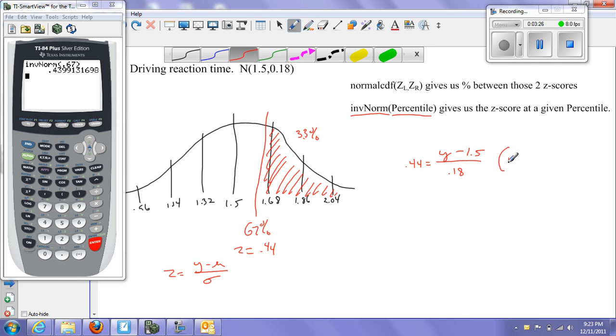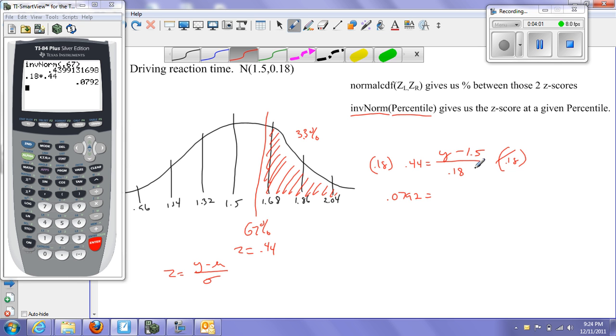Multiply this side by 0.18 and multiply this side by 0.18. So I'm going to get 0.18 times 0.44. That's equal to 0.0792. That's good.